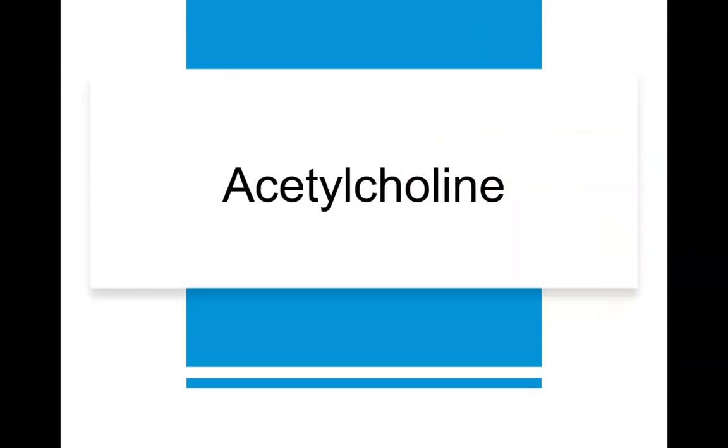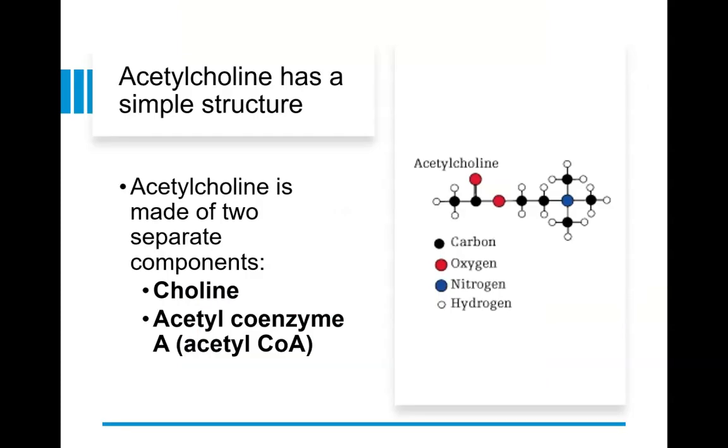So finishing up, we're going to talk about acetylcholine. Acetylcholine is kind of different from the other monoamines that we talked about. It has a pretty simple chemical structure, and it's made up of two separate components: choline and acetyl coenzyme A, or acetyl-CoA.